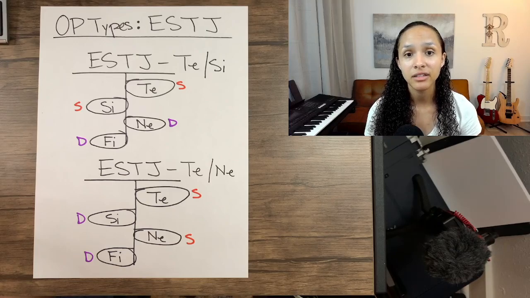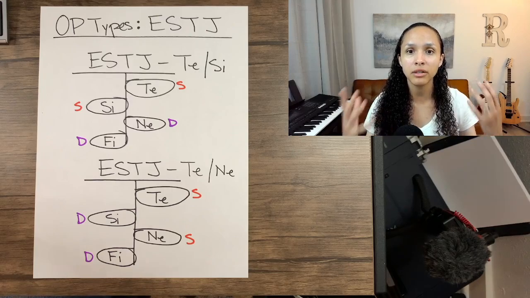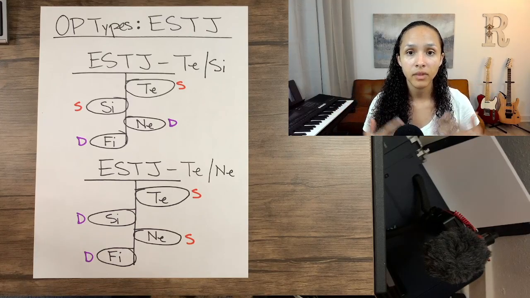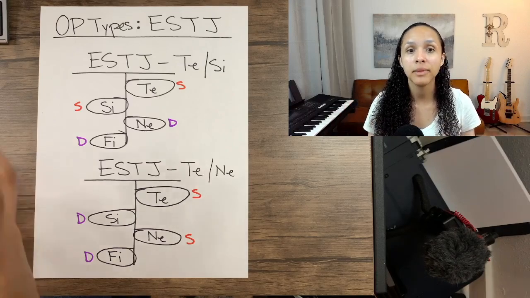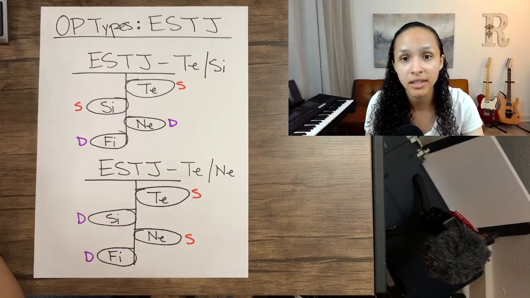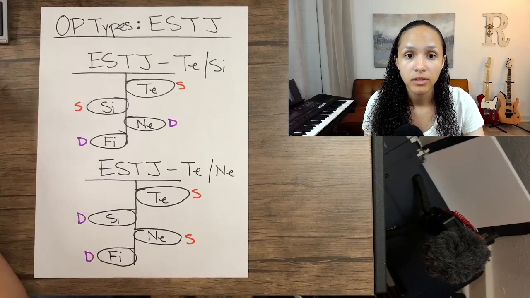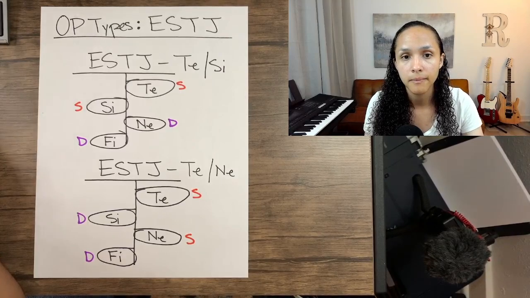Our jumper ESTJ is out there exploring and gathering and wanting to hear something that's going to be intriguing to them, that's stimulating the imagination, the intuition, and using that form of perception most dominantly to navigate their life, to make decisions. It's aiding the decision maker that is the dominant function. So this is a very decisive person who is using their observation function to aid the decision making.